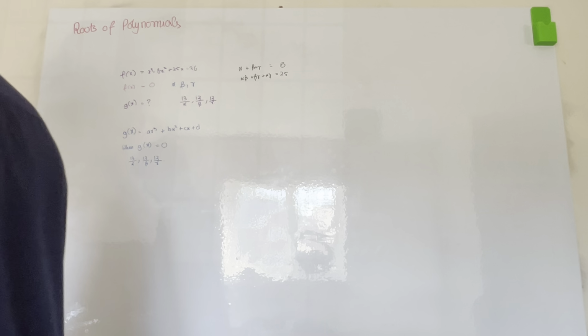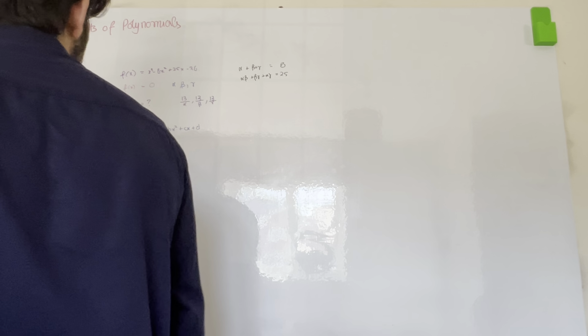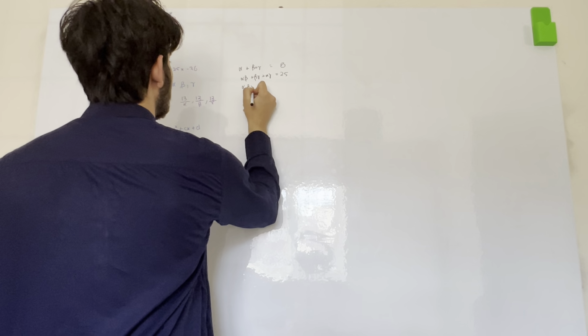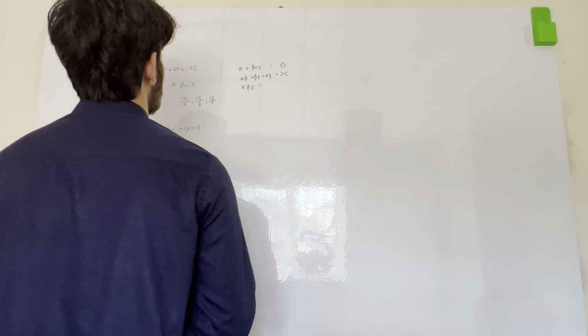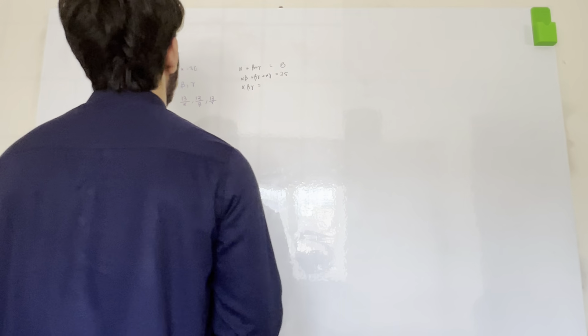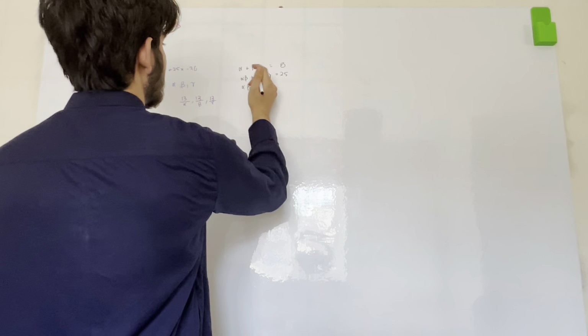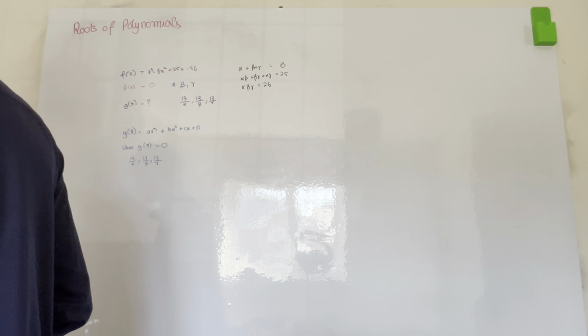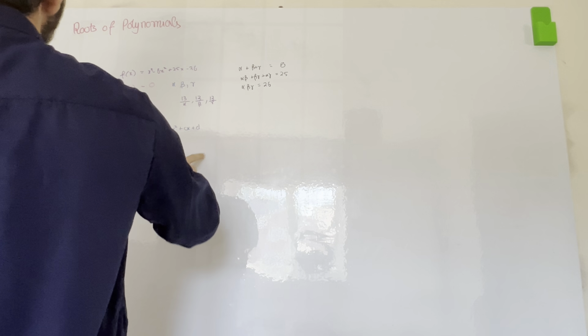Same thing with the product of the roots, which is going to be alpha, beta, gamma. So if we were to write that down, it's just going to be minus d over a. So it's going to be minus minus 26, just 26. Now we've done sort of half the work that we need to do to find the coefficients of this.